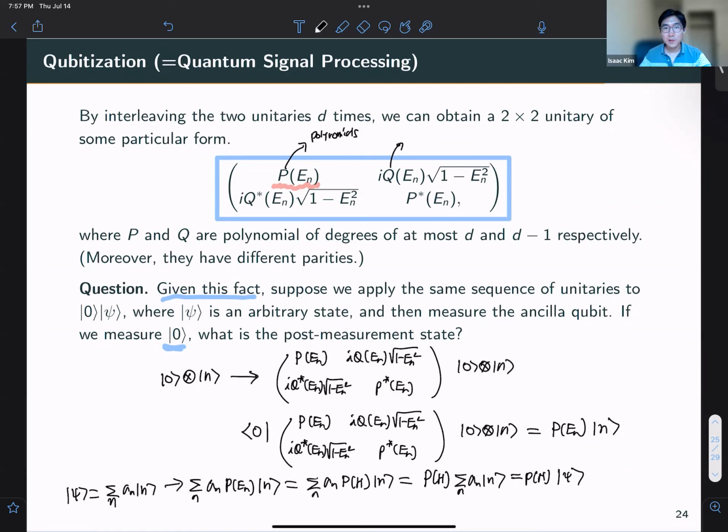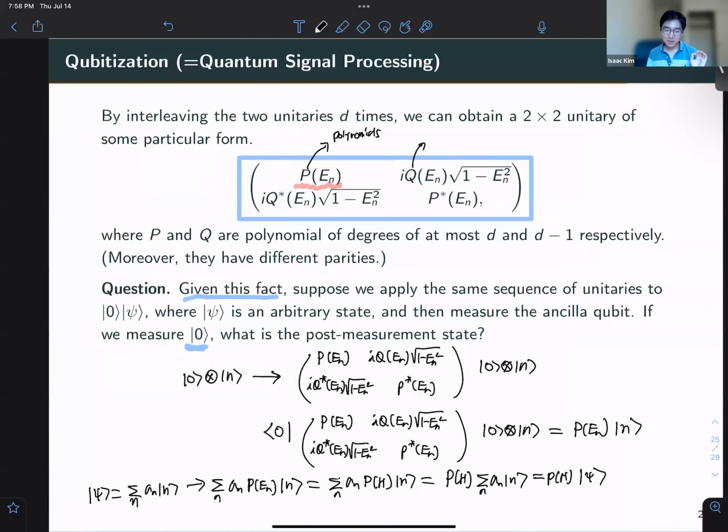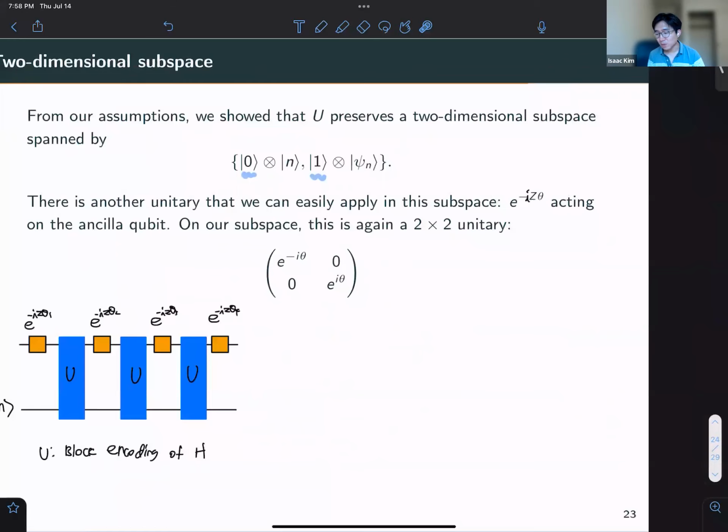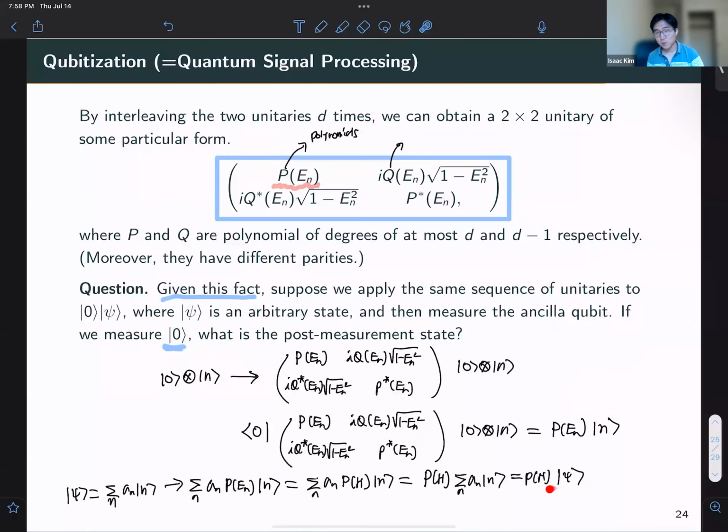So what we found is that if you go through this procedure, let me just emphasize one more time the simplicity of this circuit. If you apply single qubit gates and the block encoding of H, you end up getting a polynomial transformation of H on an arbitrary quantum state.